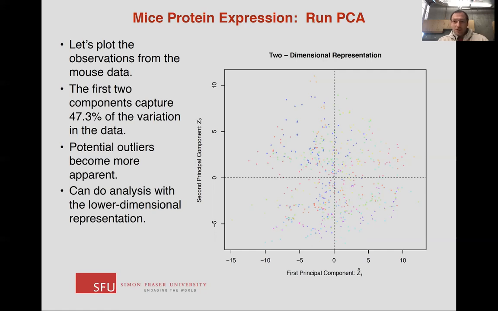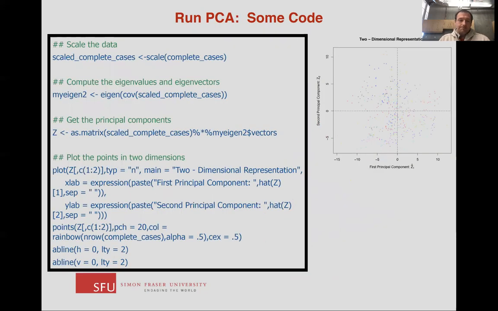This can be useful in a number of ways. We can look at this picture and see some outlying points, for example. We can also do analysis on this lower dimensional representation of our data. Okay, so here's how I did this. I first scaled the data.